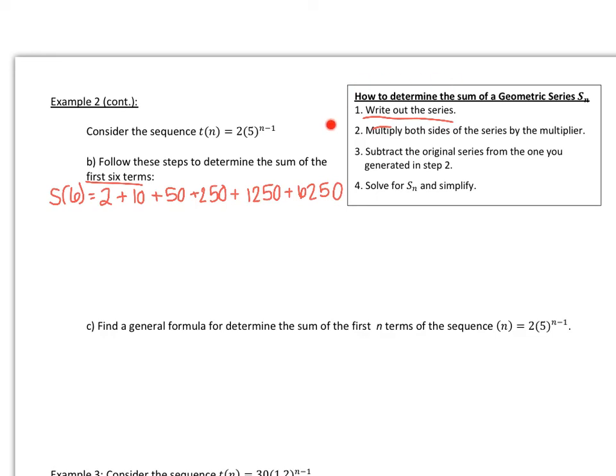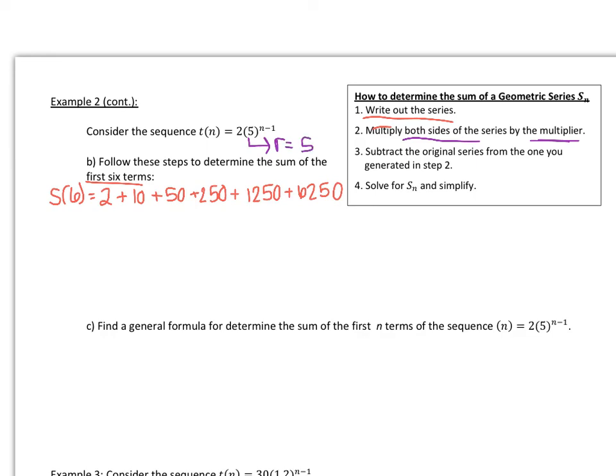Go back to our direction box here. Step 2 says to multiply both sides of the series by the multiplier again. So that sounds a little funky, but let's look at our multiplier, or the common ratio, is 5.